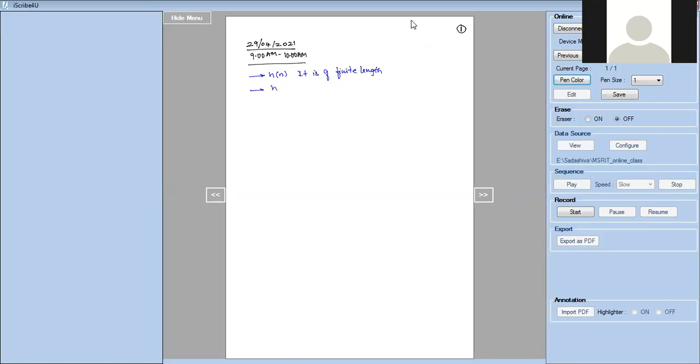To achieve the linear phase, we have come to a conclusion that h of n must be either h of M minus 1 minus n, or h of n must be equal to minus of h of M minus 1 minus n.